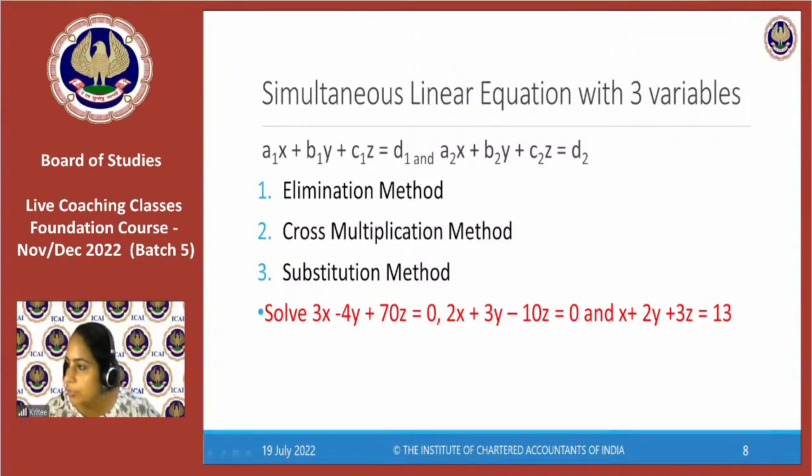It is absolutely your choice which method you would like to use. But you need to understand, as many variables as you have, that many equations you must have. So if you have 3 variables, you must have 3 equations to solve simultaneously.